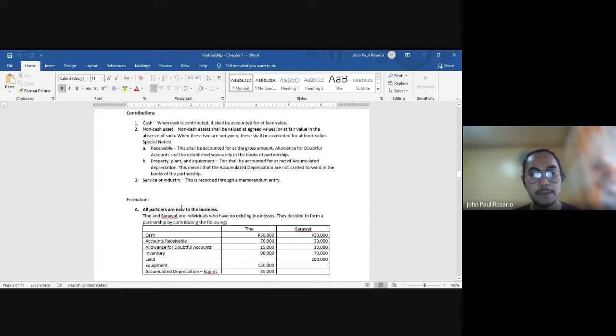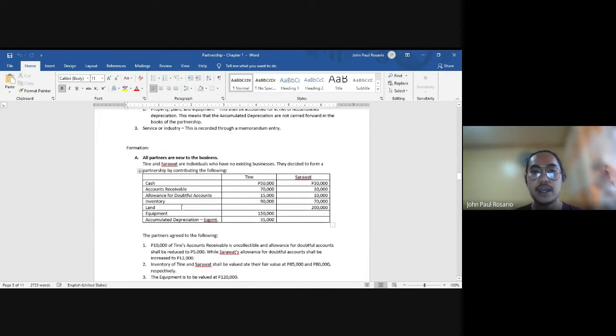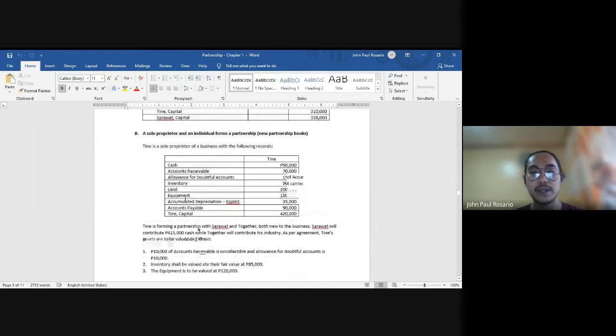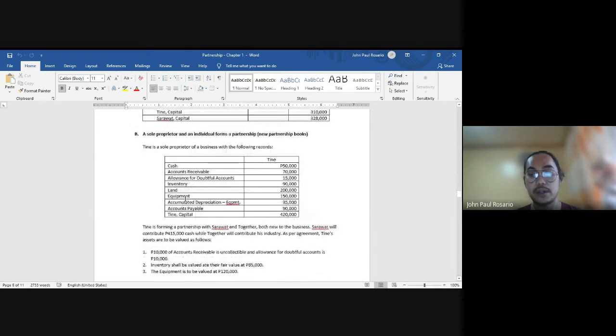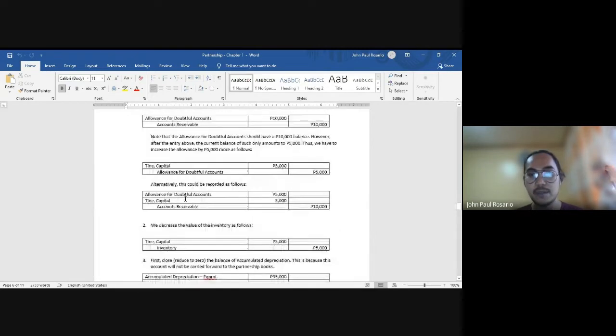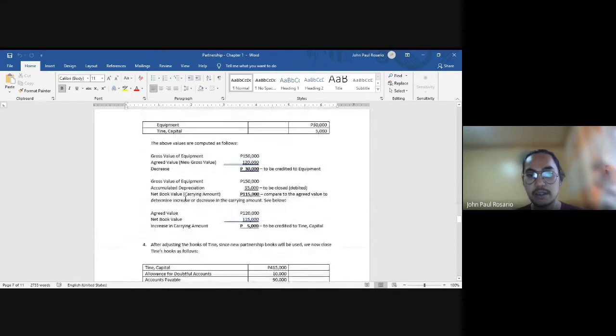For the formation of partnerships, there are a lot of possible scenarios, but I have presented about 5 scenarios. The first one is when 2 individuals new to the business would form a partnership. The second is when a sole proprietor and an individual would form a partnership and they would be utilizing new partnership books. The third is similar to the second situation.